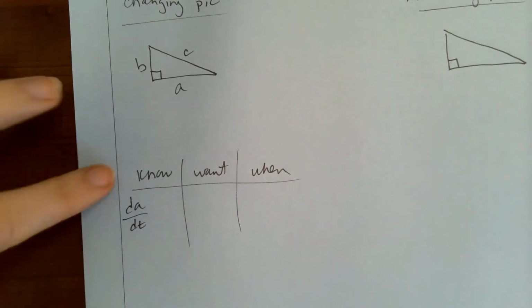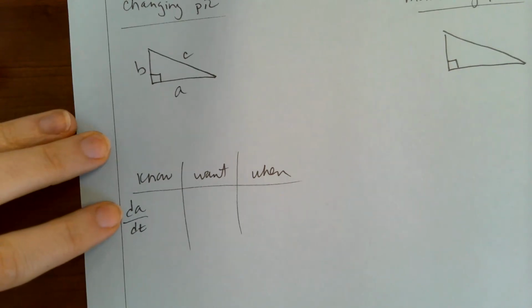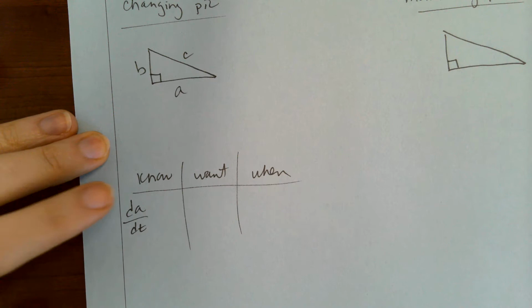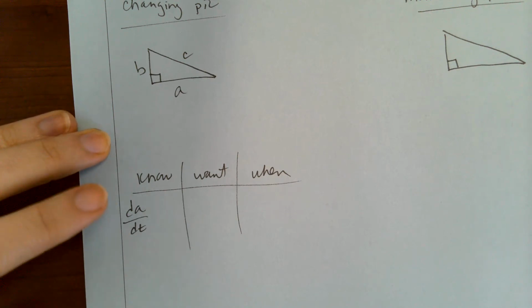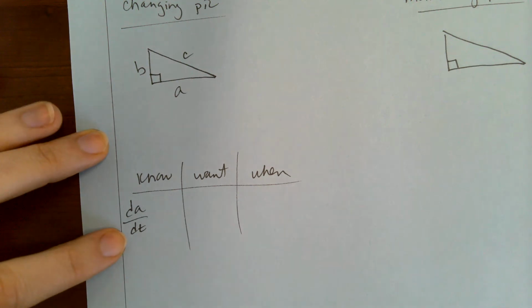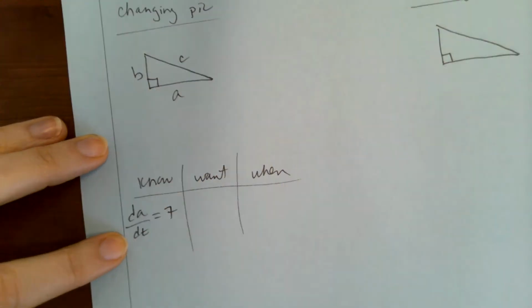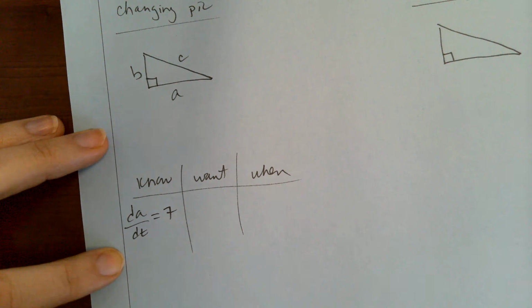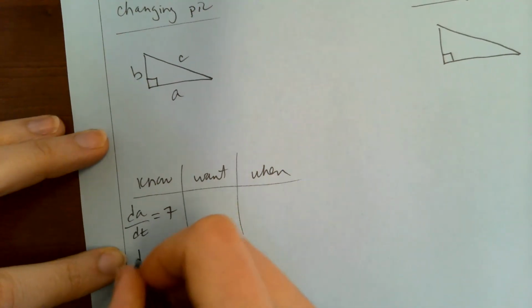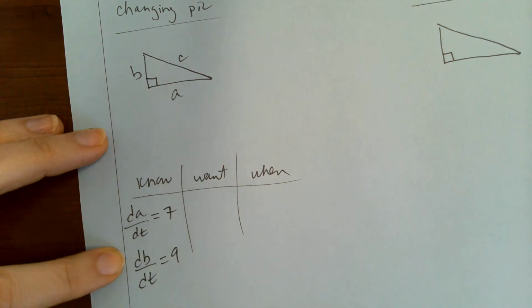So everything's going to be something over dt, because side A changes as time changes. A depends on time. So dA/dt equals 7, positive 7 because increasing, while the other leg is increasing at a constant rate of 9 inches per second. So that would be dB/dt equals 9.